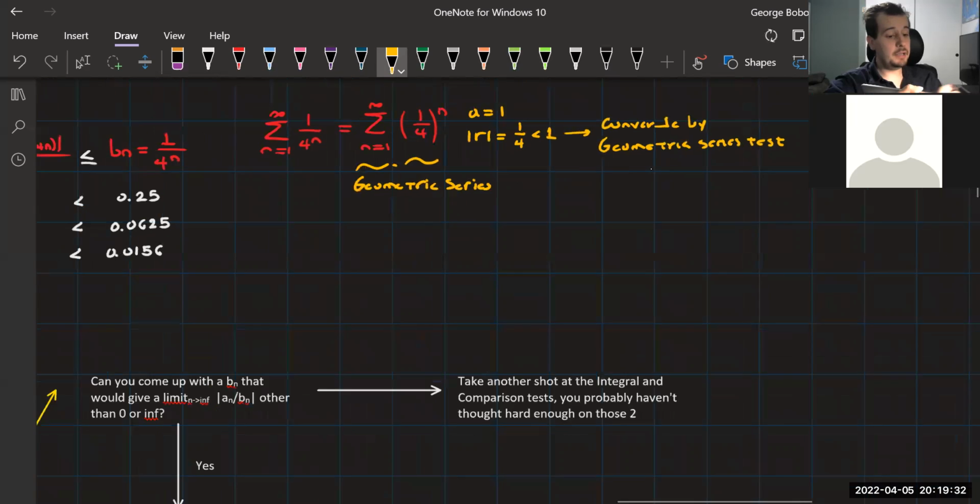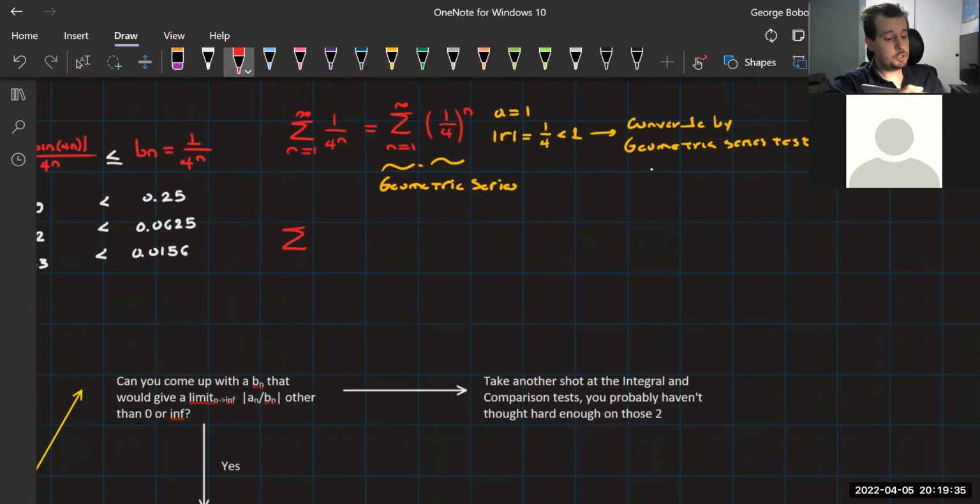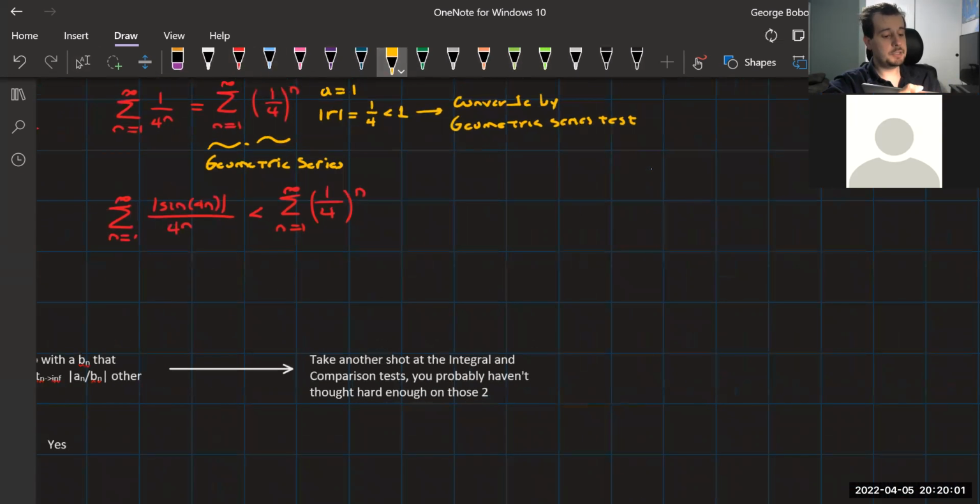And automatically for this one, because it's always smaller than or equal to the one that you have picked, it doesn't matter, but it's always smaller than this one, we can combine these two facts to say the original series absolutely converges.